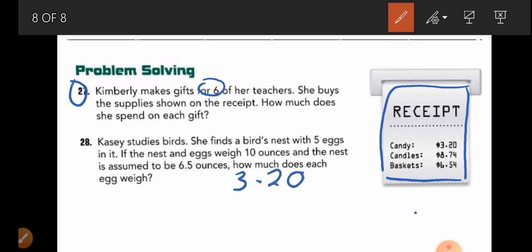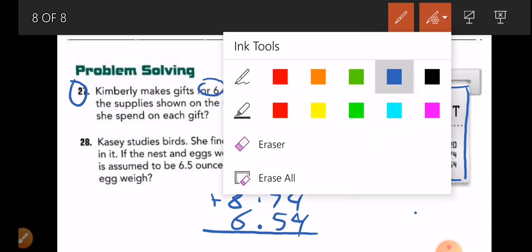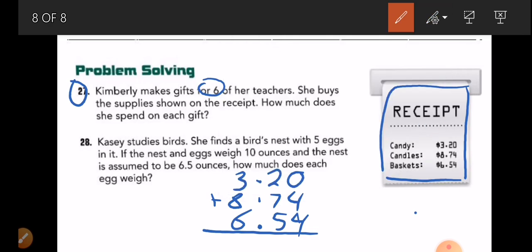3.20, and I'm aligning using the decimal. Do you remember this? Here the decimal, to the left 8, to the right 7.4. Then here I have another decimal, to the left 6, to the right 5.4. And I want to add these numbers. Let's add 0 and 4 and 4 will give me 8.